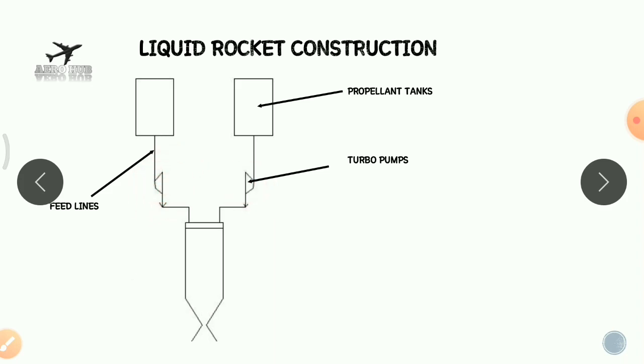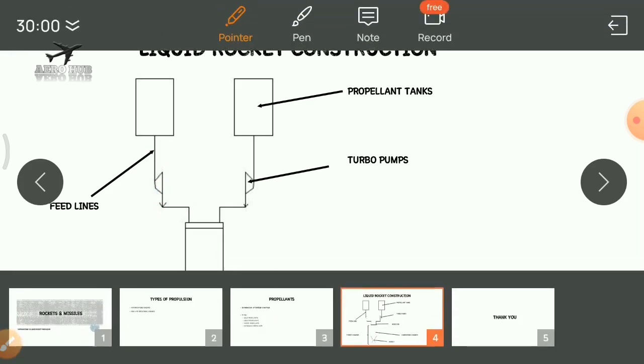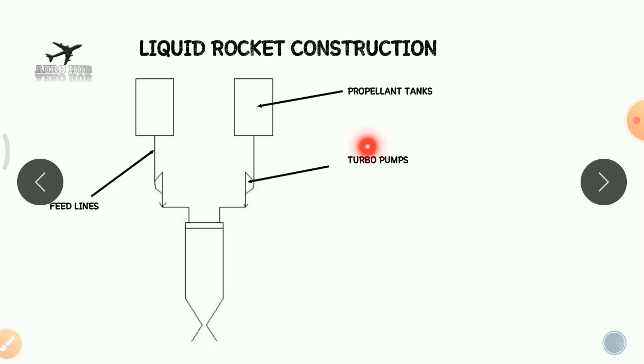These two turbo pumps will pump the fuel as well as the oxidizer at a particular mass flow rate to the thrust chamber, especially the injector of the system.